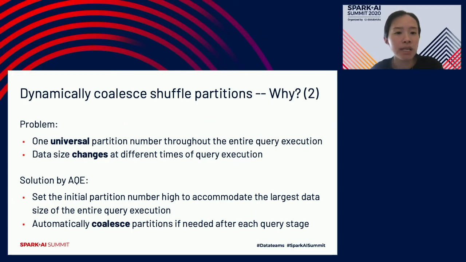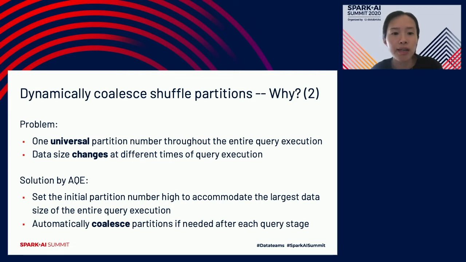And then what makes tuning the partition number even more difficult is the fact that the data size changes at different points of the query execution. Some operators, for example filter or aggregate, bring the size down, while other operators like join can blow it up, which means you can't cater to all parts of the query with just one partition number. But unfortunately, Spark uses only one such number for the entire query.